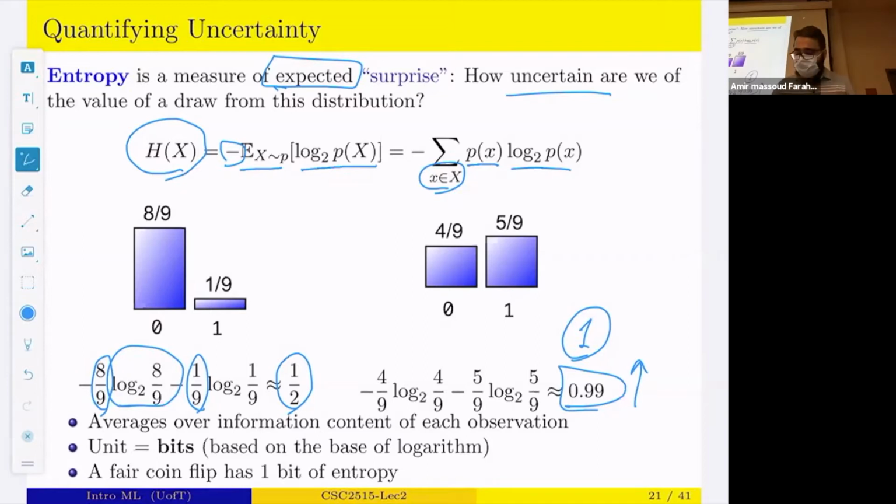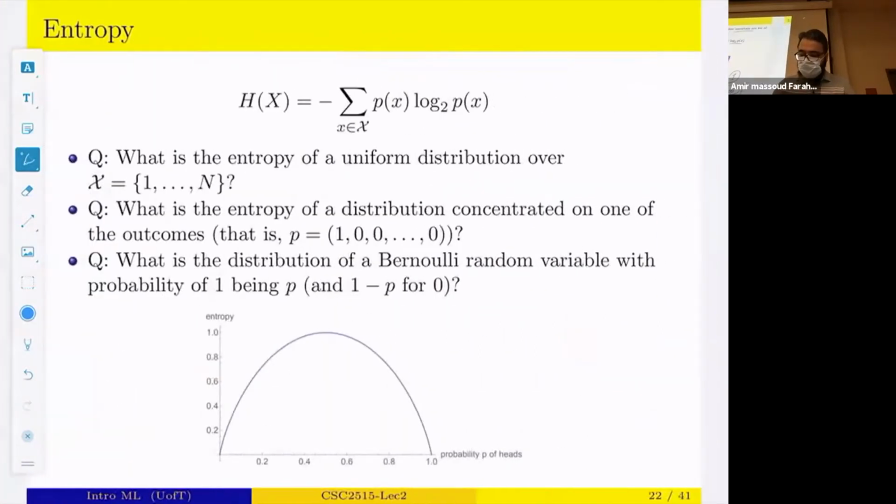So this is the notion of entropy. And so let's just do some exercises. Maybe I just move through them quickly and let you think about them. One question is: what is the entropy of a uniform distribution over 1 to capital N?